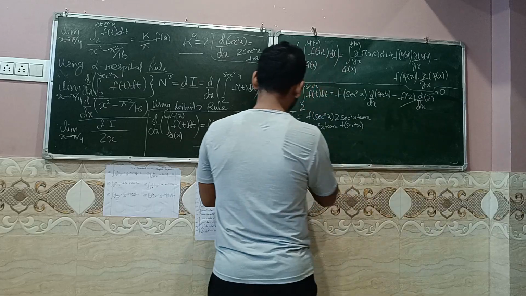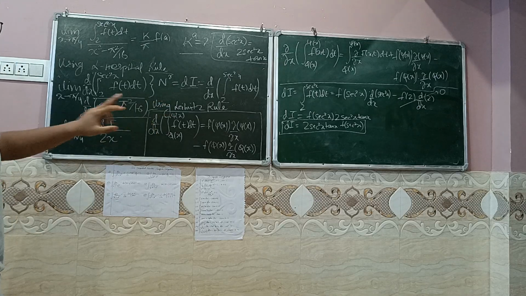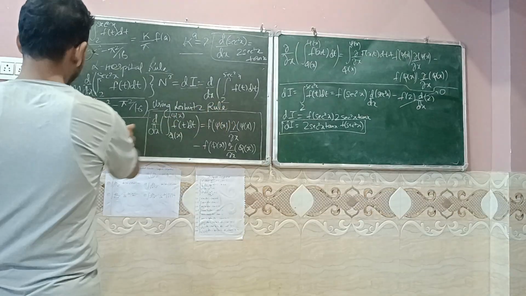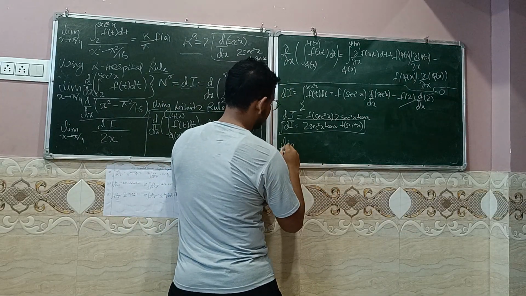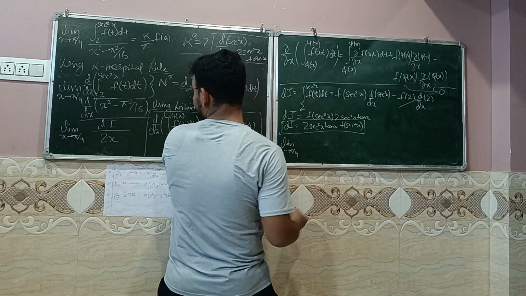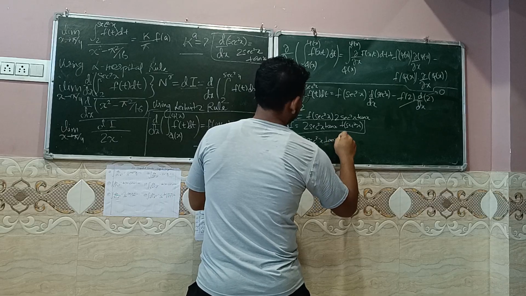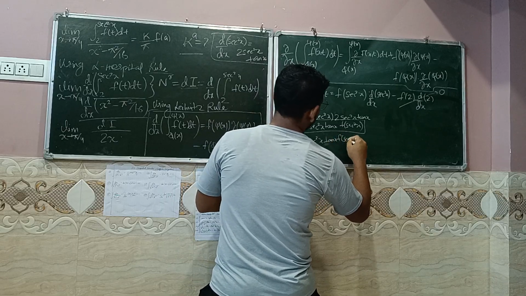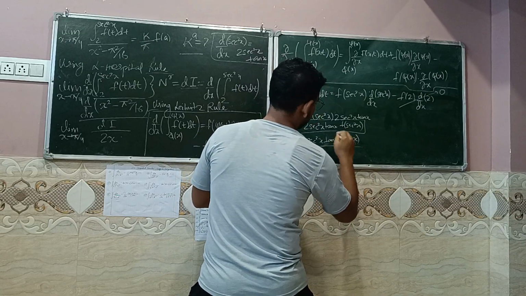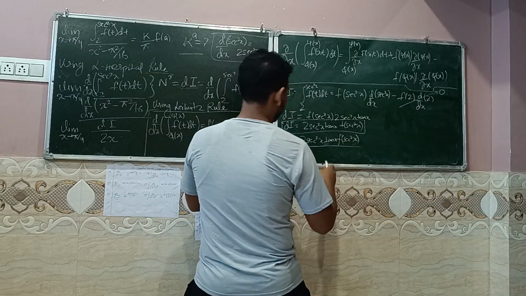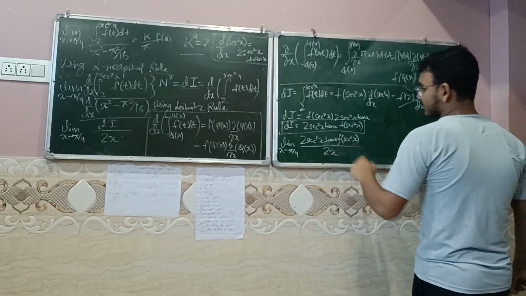Now I'm going to write that di over here, and then let's see the value of the limit. The limit as x tends to pi over 4 of 2 secant square x tan x f of secant square of x, and we have as the denominator 2x, right?